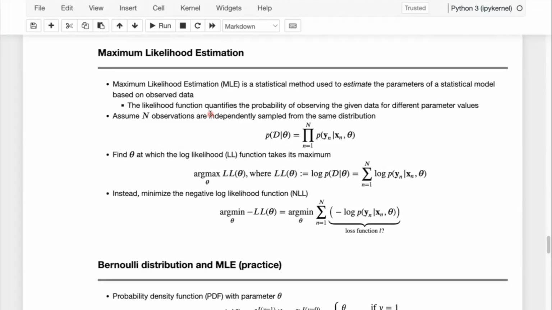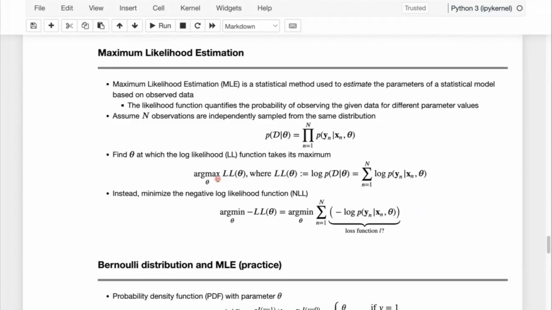One of the most important assumptions here is that all the observations or data points that we have are IID, independent and identically distributed. With this assumption, the probability of observing your data, given some parameters theta, is the product of the individual probabilities of yn given xn and theta.